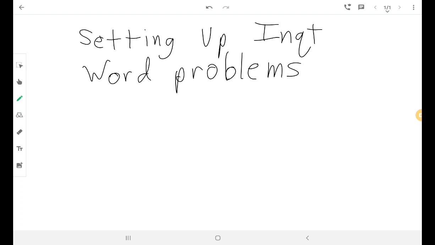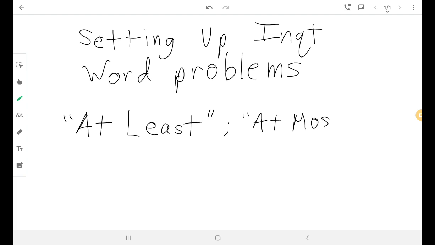So let's talk about some terms, like the term at least, and at most. And you'll see variations on these particular words and these particular phrases.